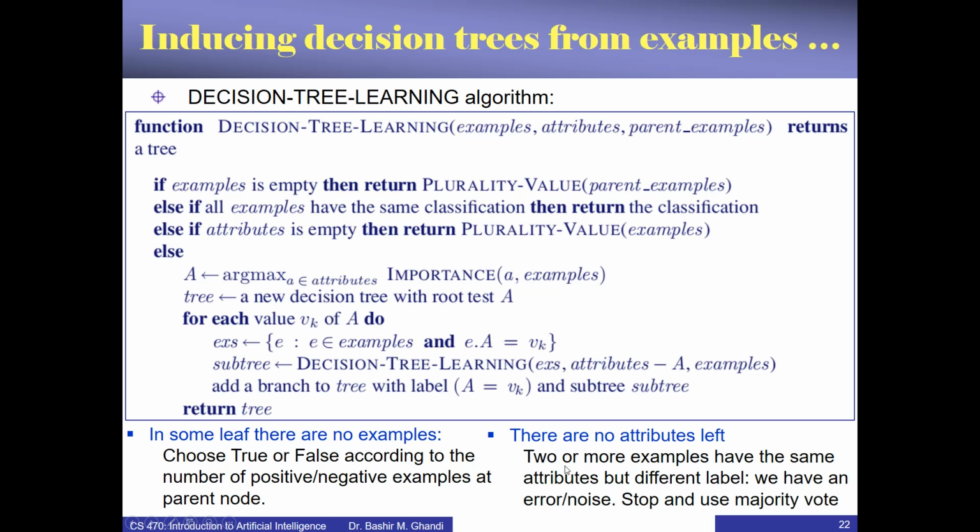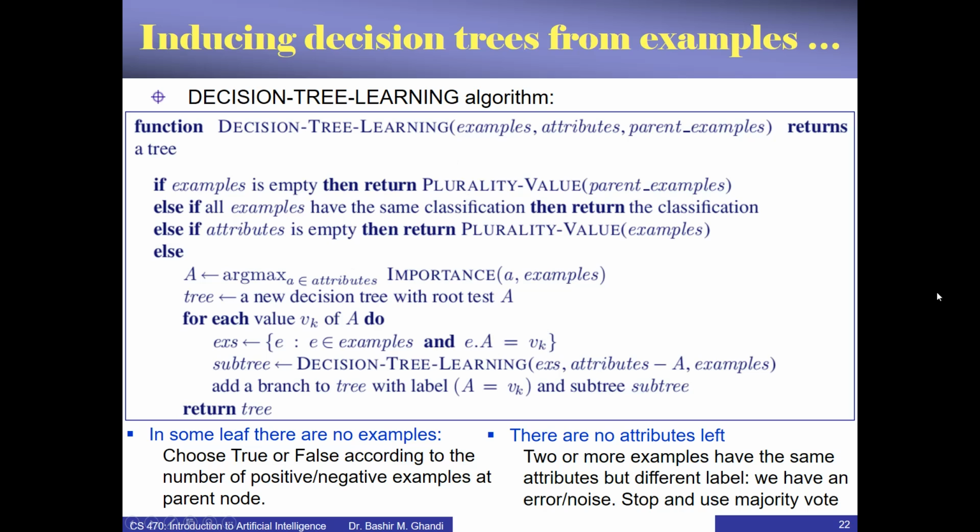It means two or more examples have the same attributes but different labels. It's an indication of noise in the data. So again, the solution is to stop and use majority vote. Among the remaining examples that you have, if those that are true are more, you return true. If those that are false are more, you return false, and so on.